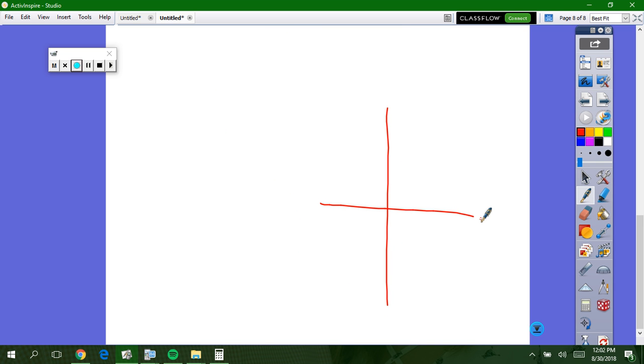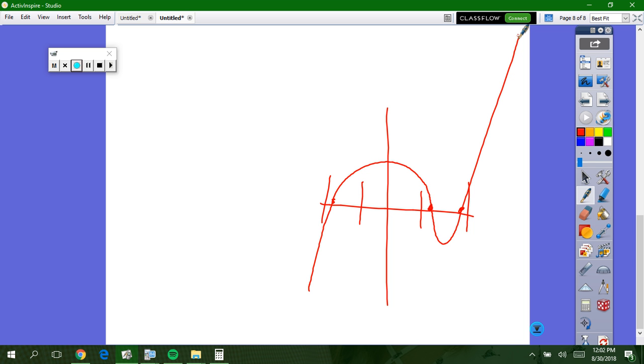I know it's less than 2, but greater than 1. 5/4 is somewhere right here. Once again, it was x cubed with a leading coefficient of 4, right? Should be like this, correct? But I will be crossing every time. Did I end up with my end behavior? Okay?